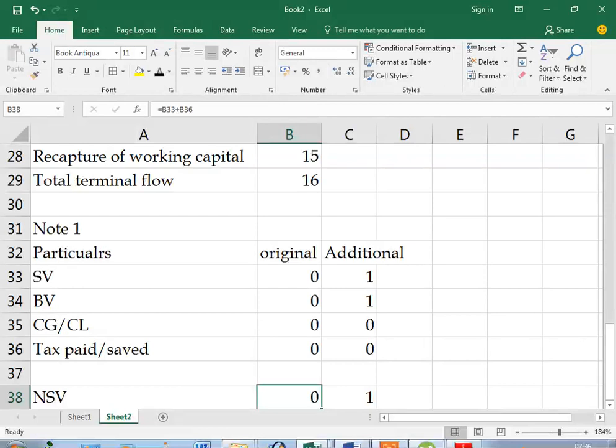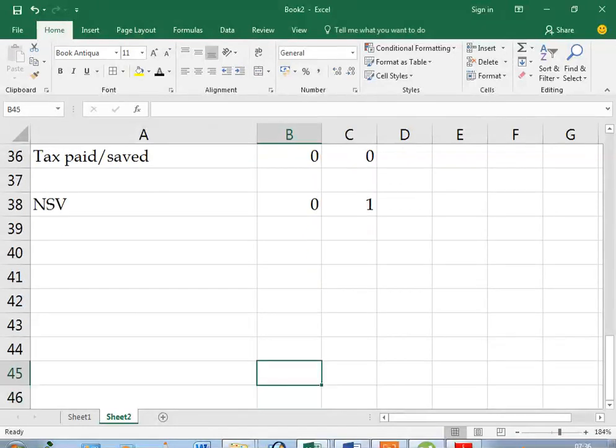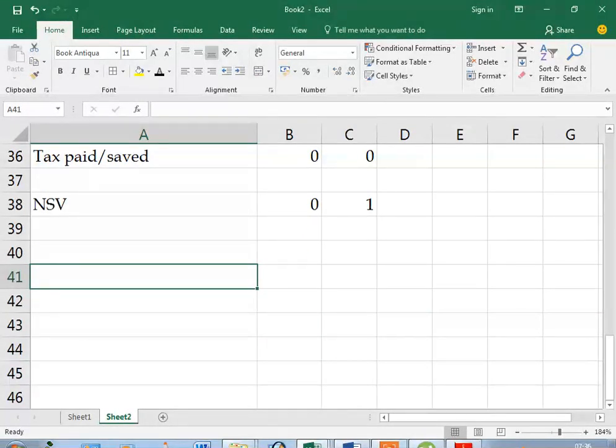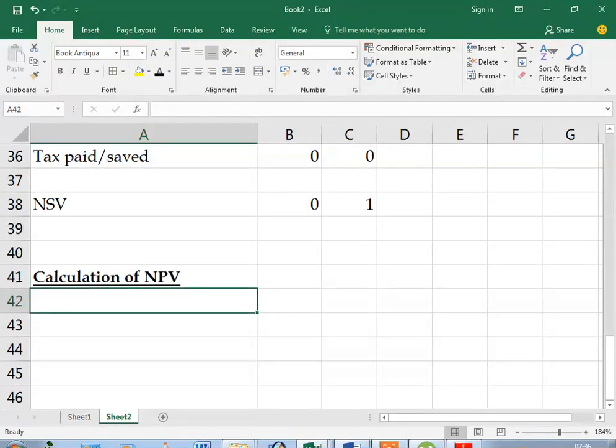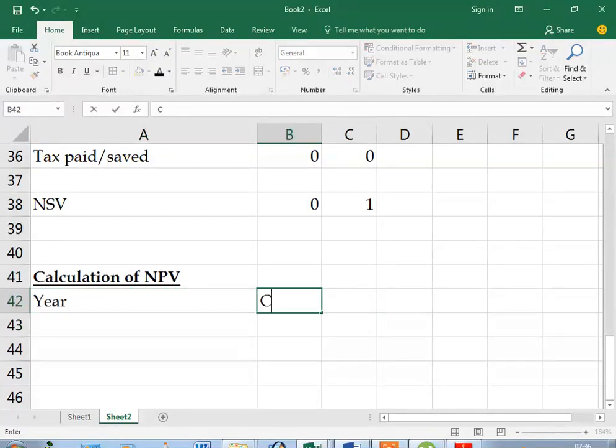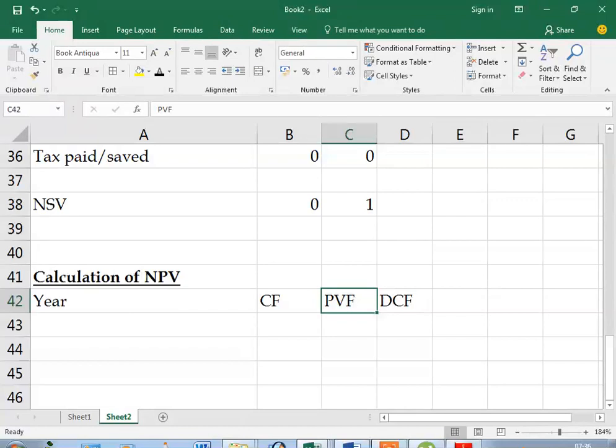Now you will have to consolidate these cash flows and calculate NPV.